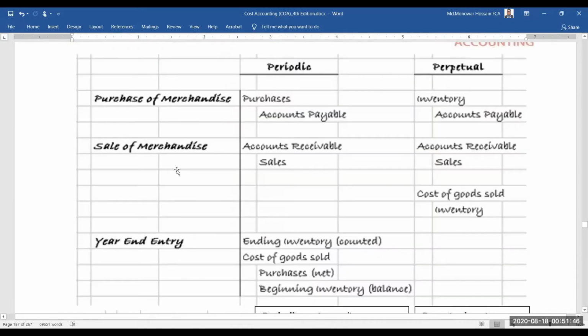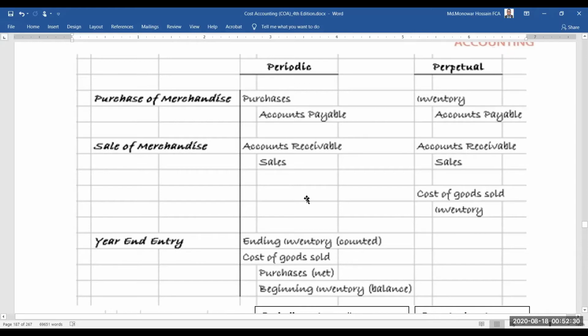What would be the journal entries? For the periodic system, purchase of material: purchase debit, accounts payable credit. Perpetual is inventory debit, accounts payable credit. Periodic uses purchase, but perpetual uses inventory. Sale of goods: accounts receivable debit and sales credit in the periodic system, and perpetual is the same way, accounts receivable debit, sales credit.